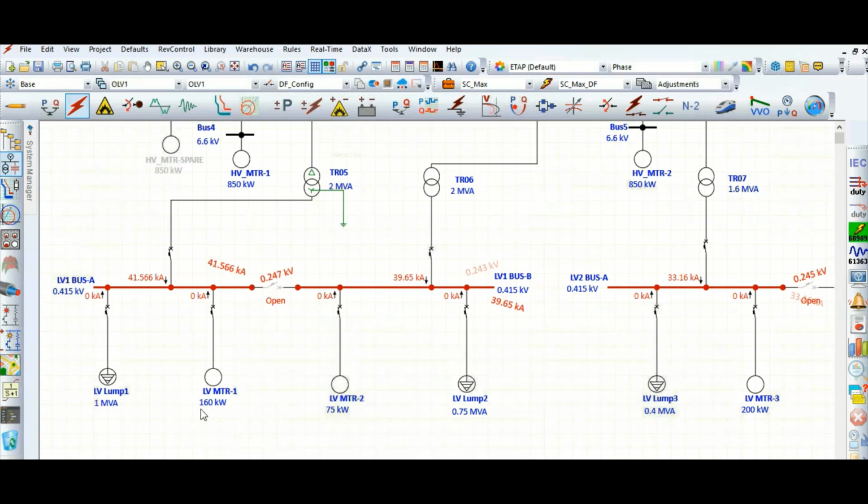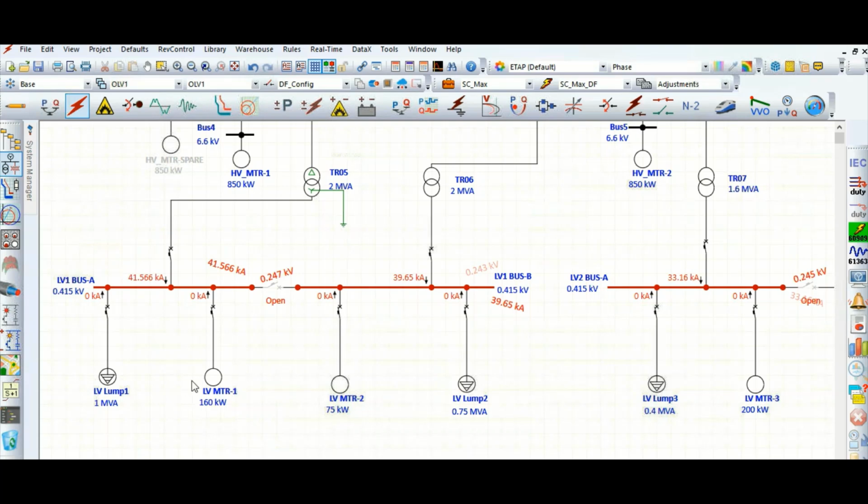So keep in mind that in a single line to ground fault there is no fault contribution by this motor, but during a three-phase fault the motor's fault current contribution is higher. Why does this happen? Because the motor fault contribution exists for the first few cycles, and after that the fault contribution will be less.